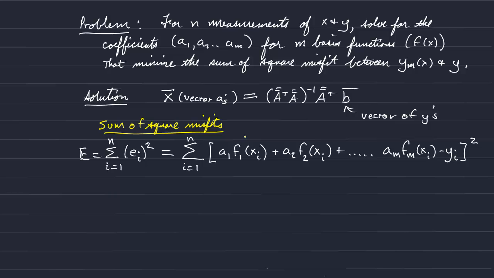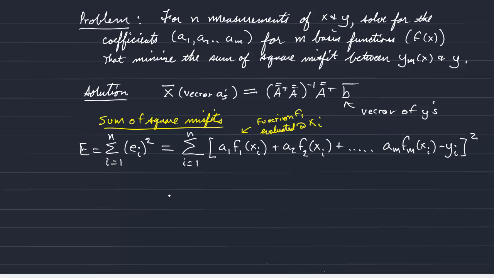So again, this is the function f1 evaluated at each point of x. And let me write this in a slightly different way, in a way that Wessel actually writes it.